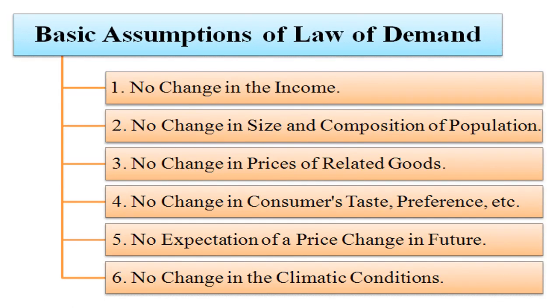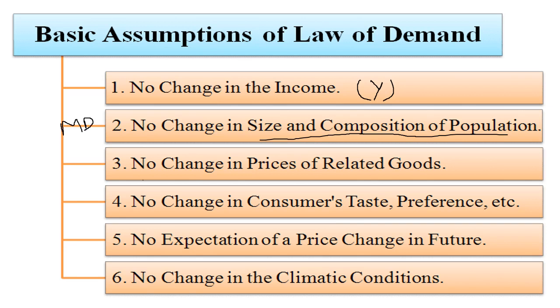What are the assumptions of law of demand? There are certain assumptions to the law of demand. First one is there is no change in income. That means Y is constant. No change in the size and composition of population. This is the determinant of market demand function, right?